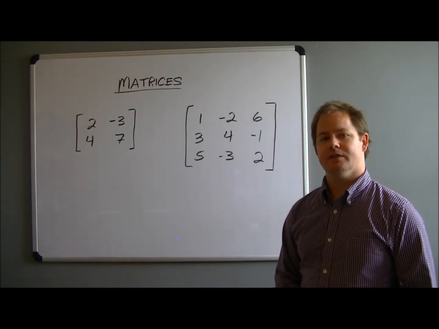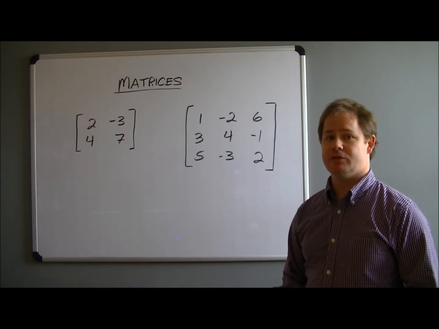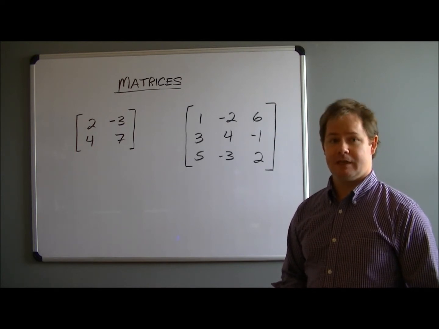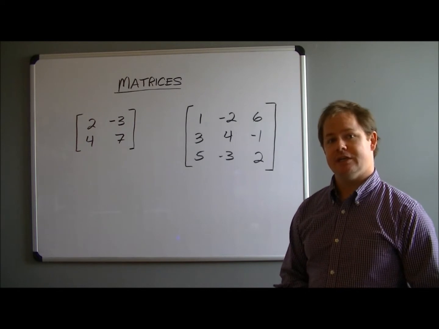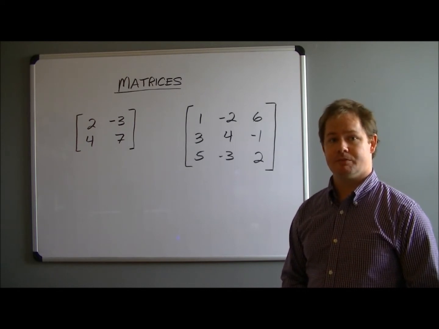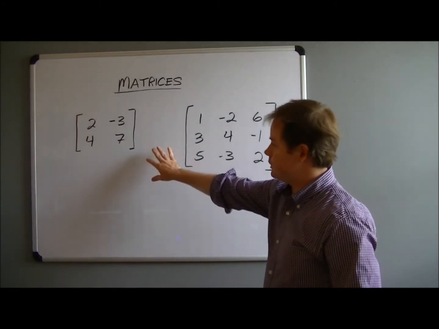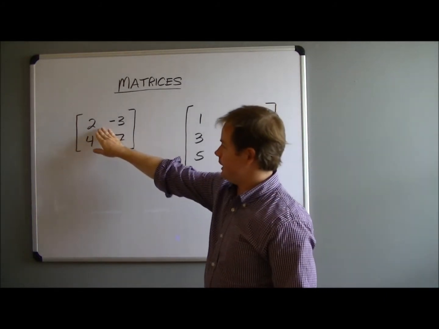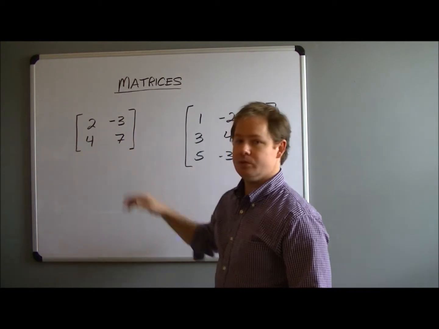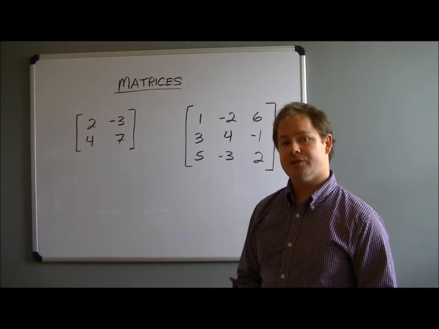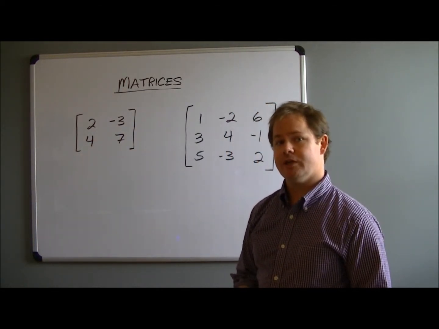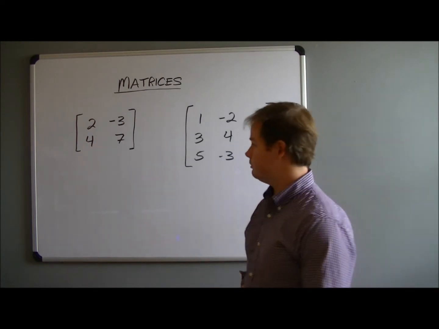Here we're going to take a look at the basics of how to deal with a matrix, just in terms of naming the dimensions of a matrix and referring to particular terms in a matrix. So here's two examples. In our first example, we see we have 2 rows and 2 columns. In terms of the dimensions of a matrix, you always write your dimensions rows by columns.